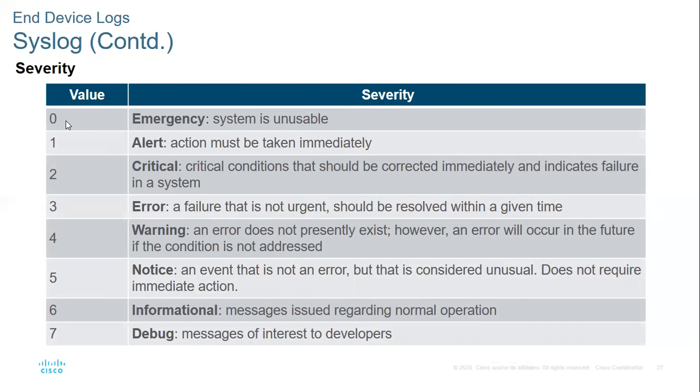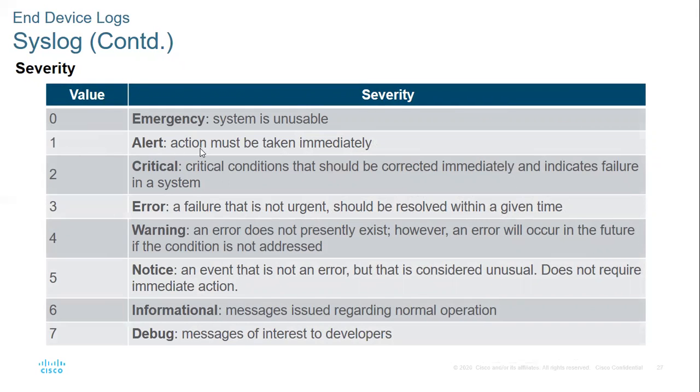So in the message, when there's this value 0, that indicates that the message is an emergency. That, of course, will make the system unusable. If in the syslog message you have the value 1, then that is an alert.